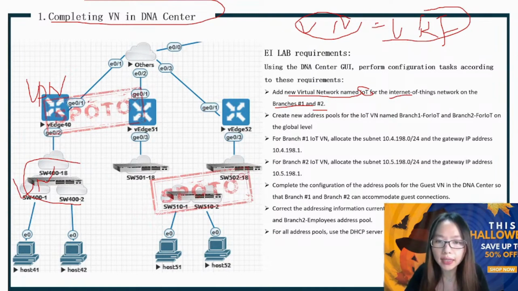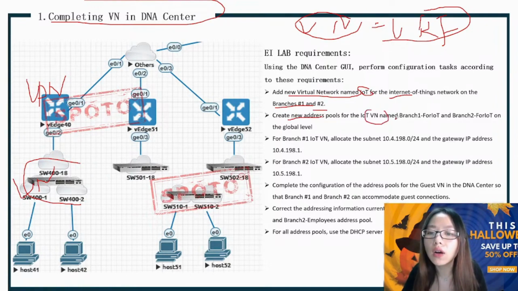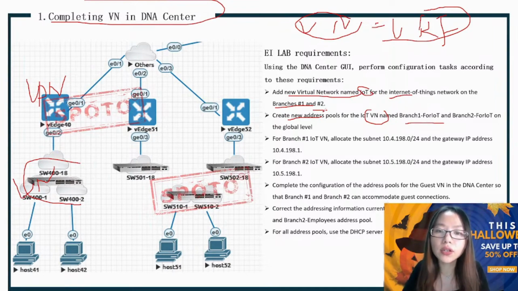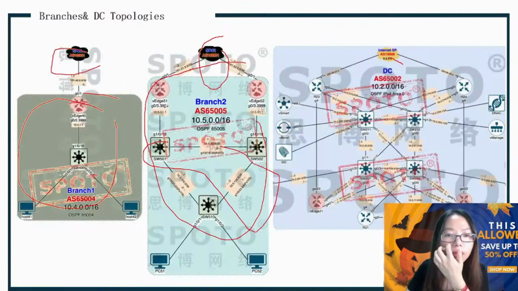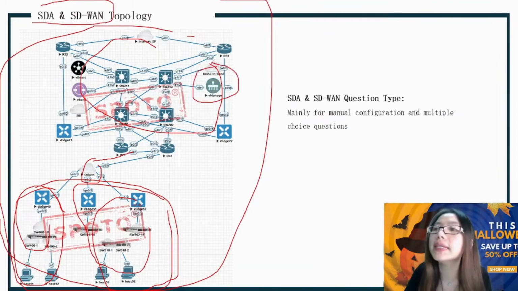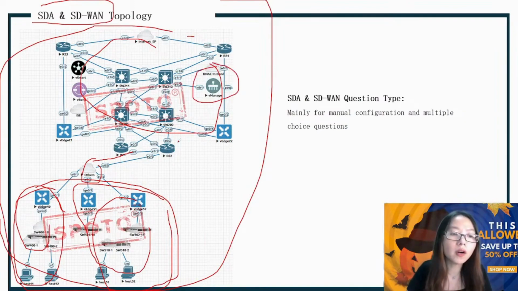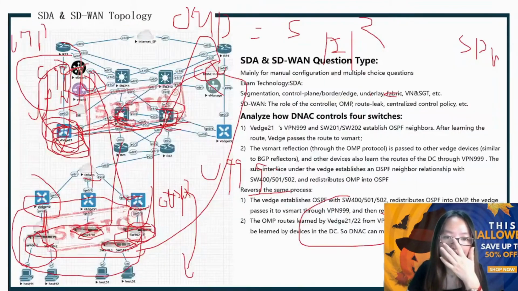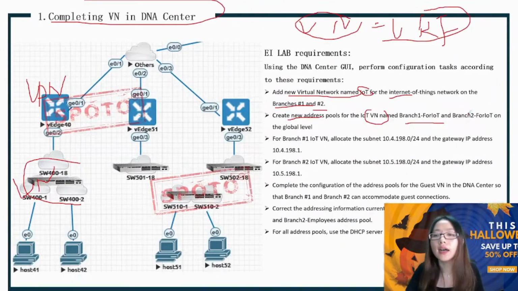Second, create a new address pool for the IoT VN for each branch. So we need to create the DHCP pool in DNA Center.